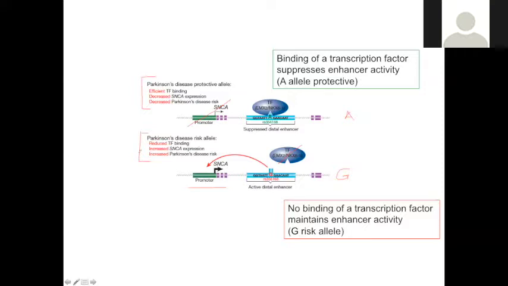This illustrates that we have transcription factors, protein-DNA interactions, that can either activate or repress gene transcription. And in this case, we have a transcription factor whose function is to repress gene transcription. So the alternate allele prevents the binding of a repressive transcription factor, allowing transcription of the gene.